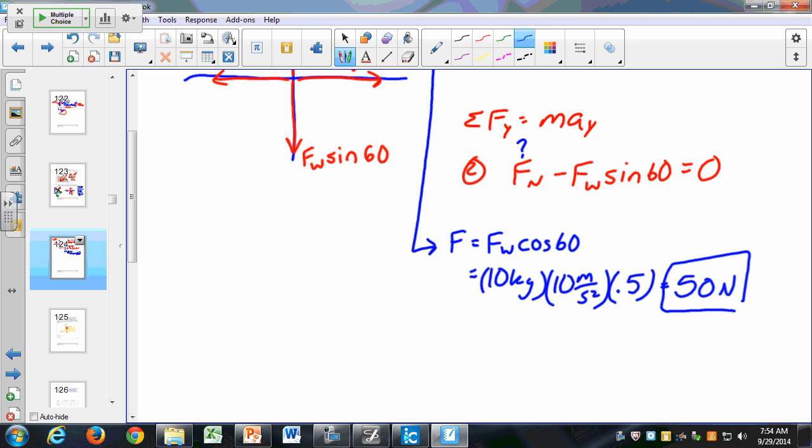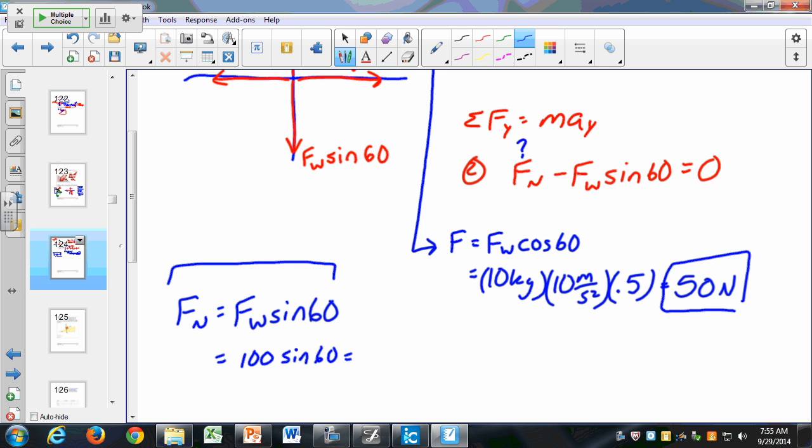Alright. And then if I wanted to find the normal force, I would say the normal force is equal to Fw sine of 60. Notice here the normal force is what component of the weight? The x or the y? That's the y component of the weight. So that's going to be 100 times sine of 60, which is, what, 86 newtons.